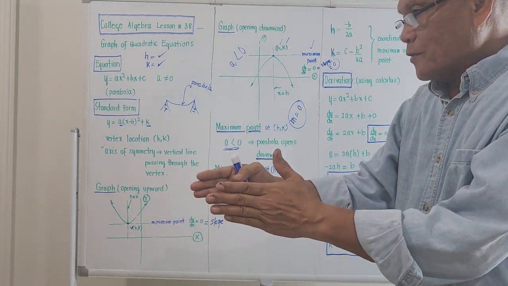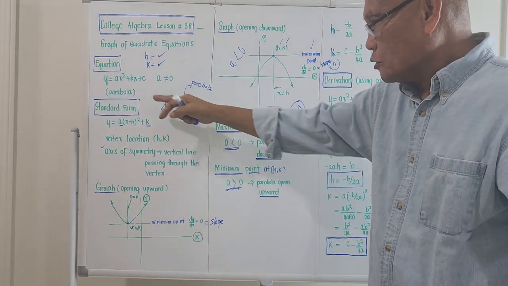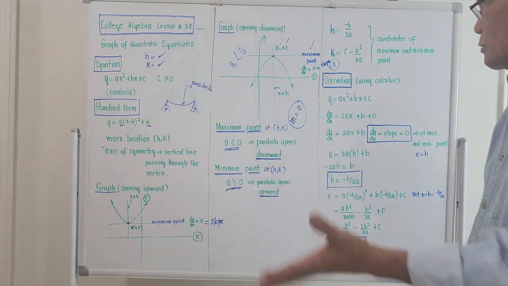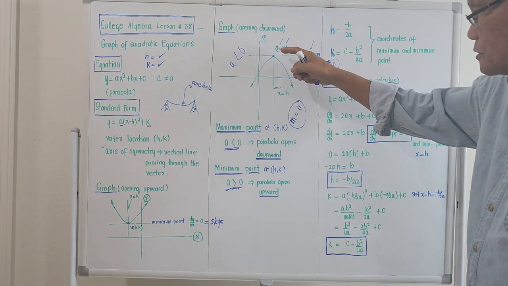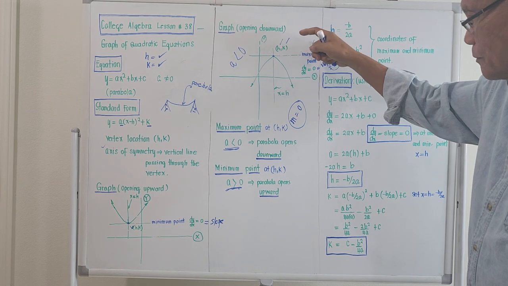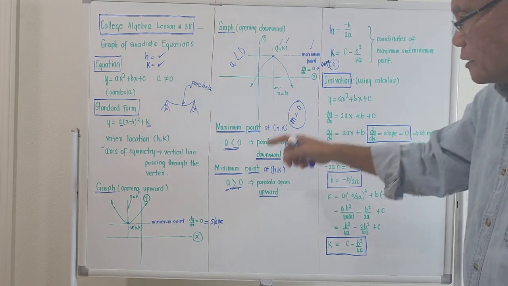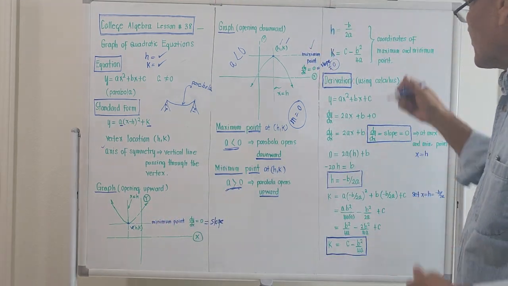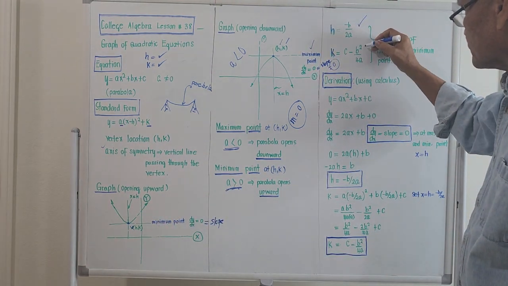So if we are given a quadratic equation of the form y equals ax squared plus bx plus c, to compute the value of h and k at the maximum point and at the minimum point, these are the needed formulas.